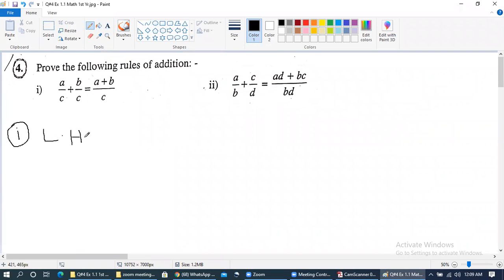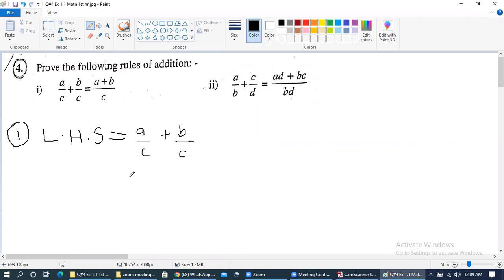What is the left hand side? The left hand side is a/c + b/c. So this is our left hand side.